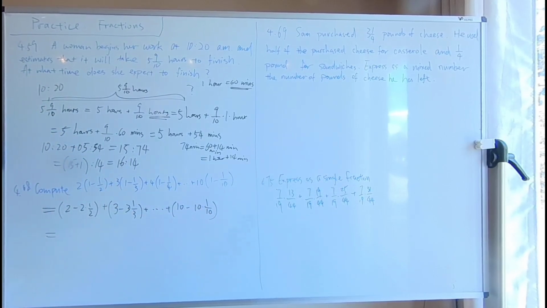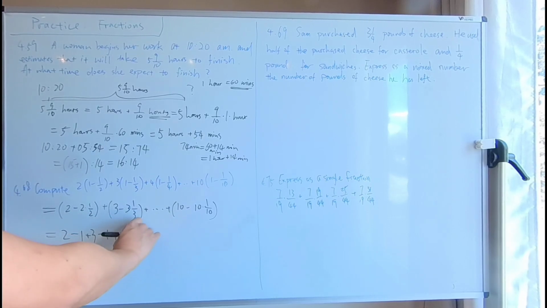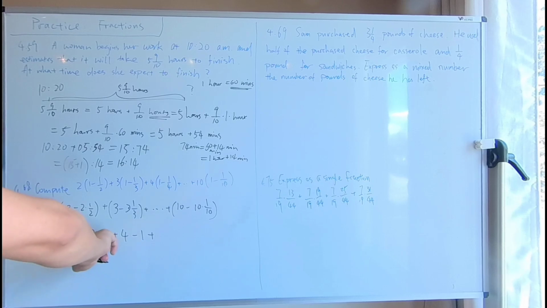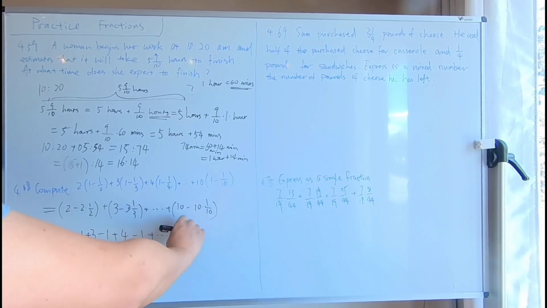Now start simplifying this. I have 2 minus 1, right? And I can also take out the brackets. Plus 3 minus 1 plus the next term would be 4 minus 1 plus until the last term is 10 minus 1.